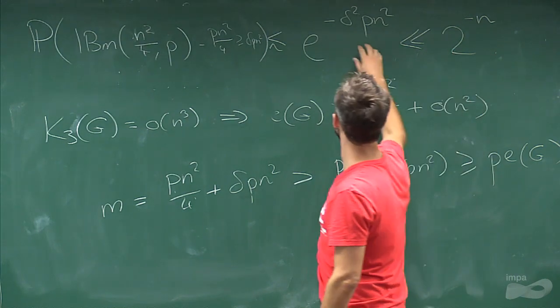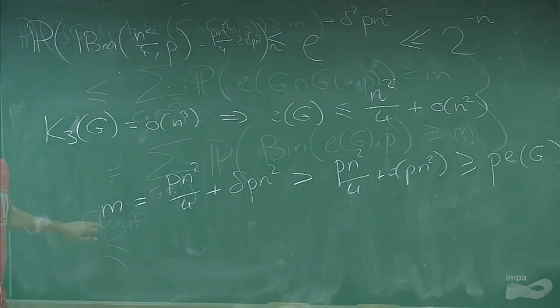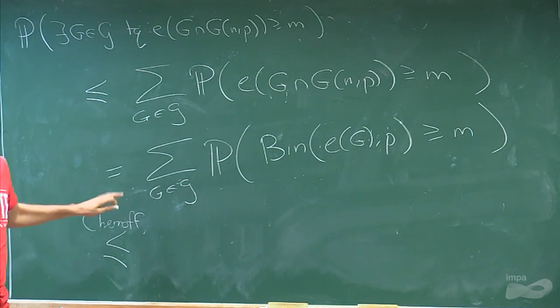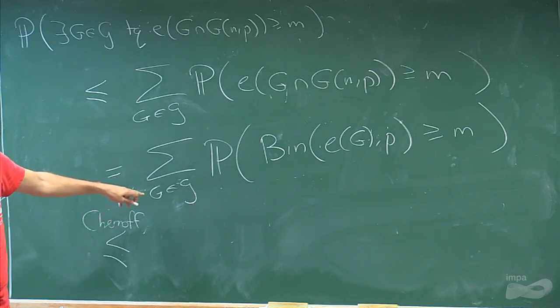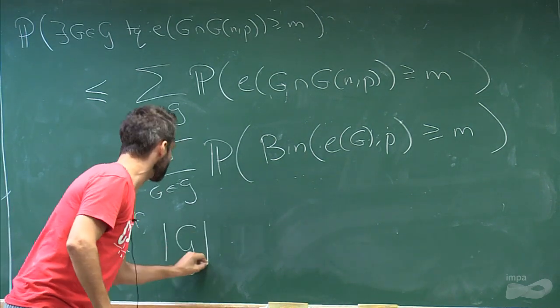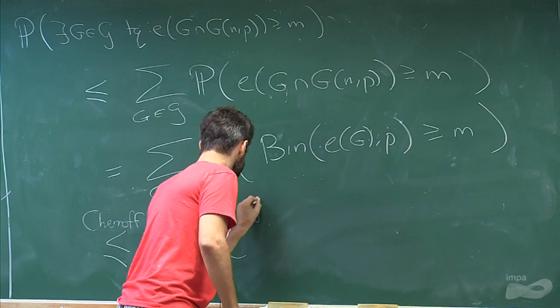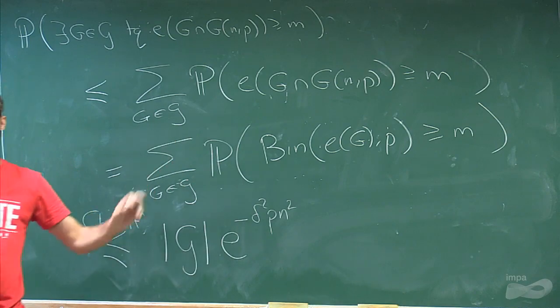So Chernoff says that this probability is at most the size of G times e to the minus, say, delta squared Pn squared, not being too careful with the constant here.